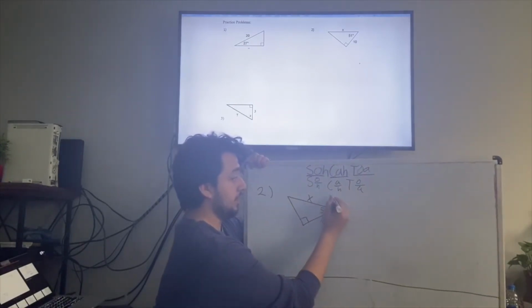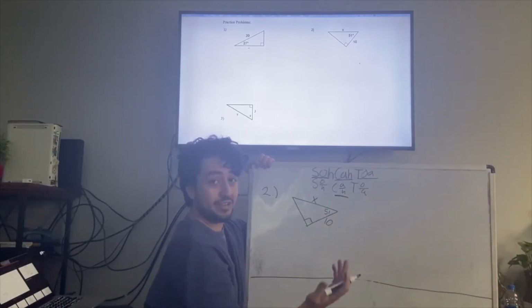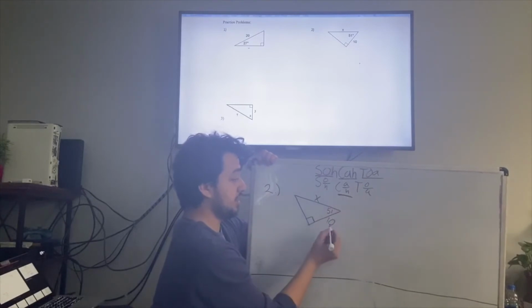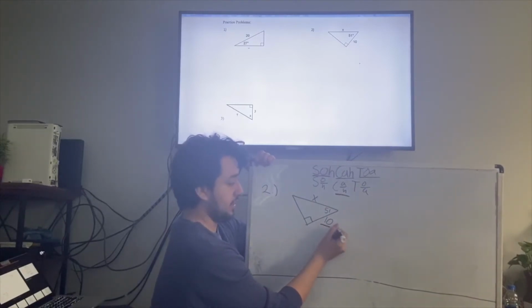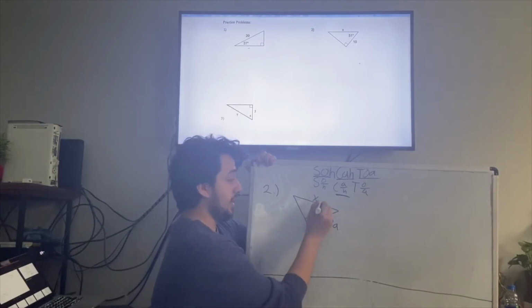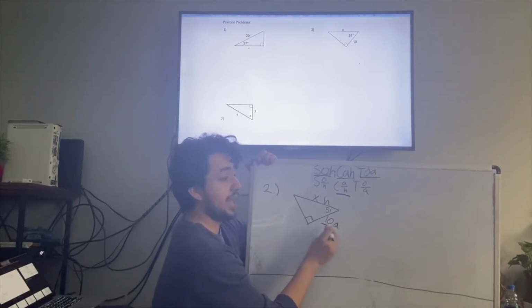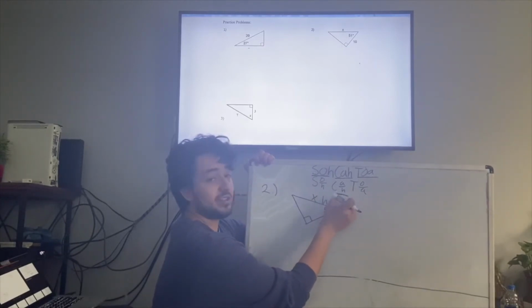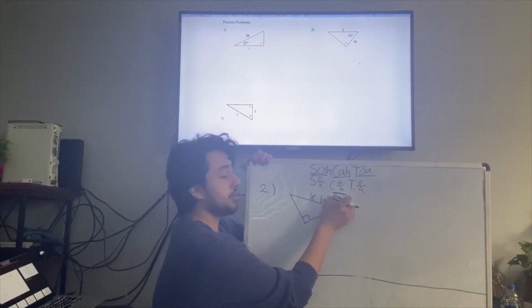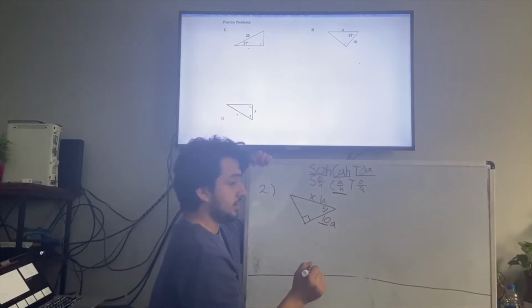Well, we've got to look at our CAH section in SOHCAHTOA. Why is it cosine? Because we have an adjacent side length, which again, all it means is next to, and we have a hypotenuse. So because we have an adjacent and a hypotenuse, the property that we're going to use is cosine.